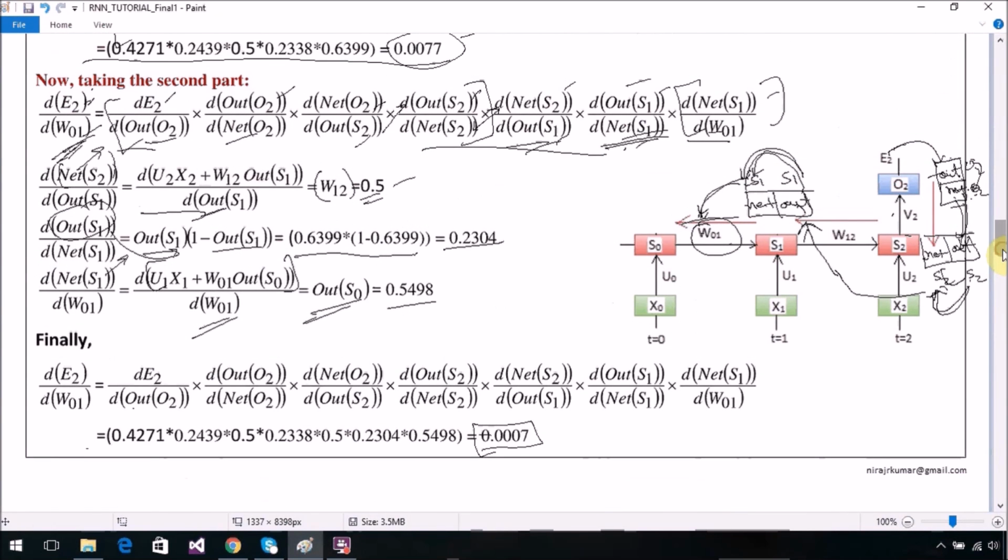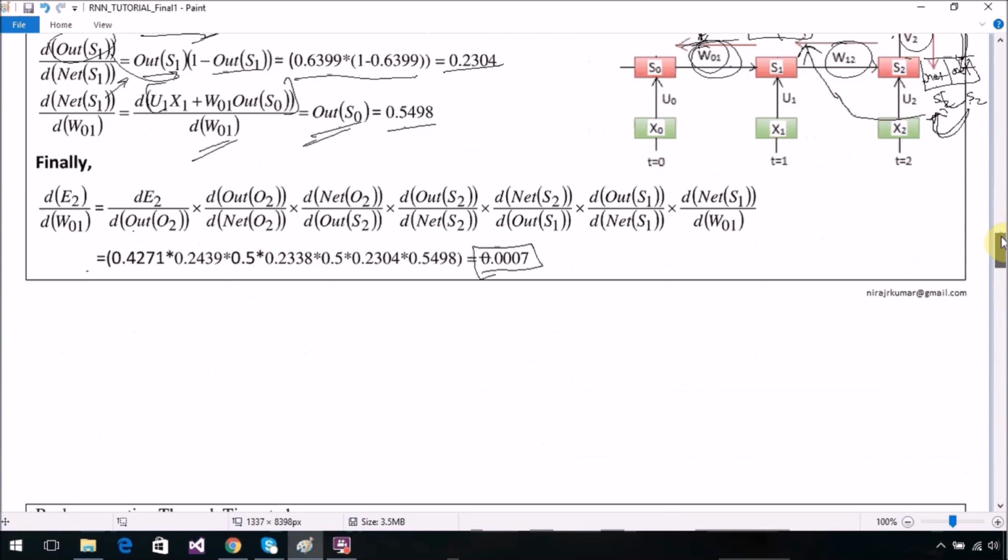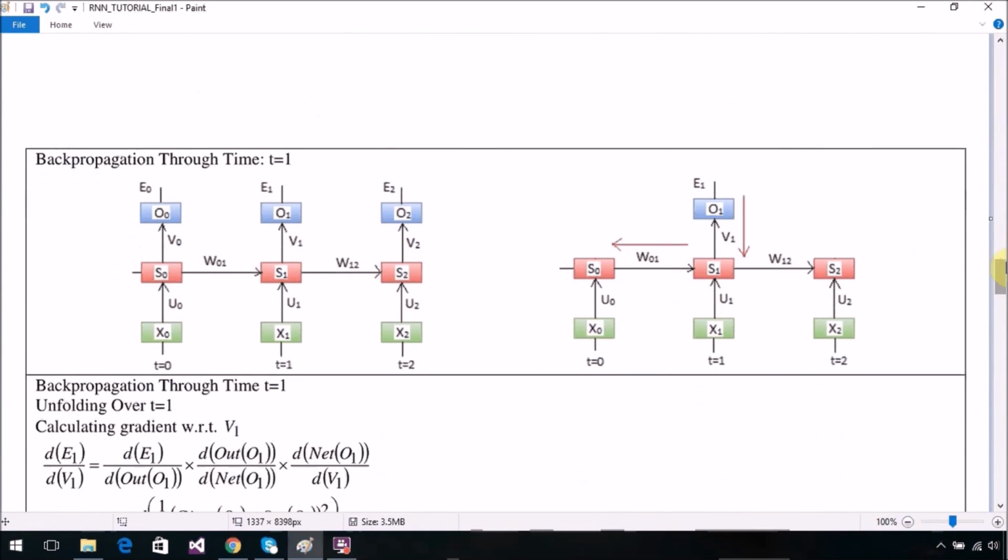So at unfolding time t equal to 2, we calculated the partial derivation of E2 with respect to V2, with respect to W12, and with respect to W01. Now with respect to time we apply the back propagation again at time t equal to 1 by unfolding over t equal to 1.